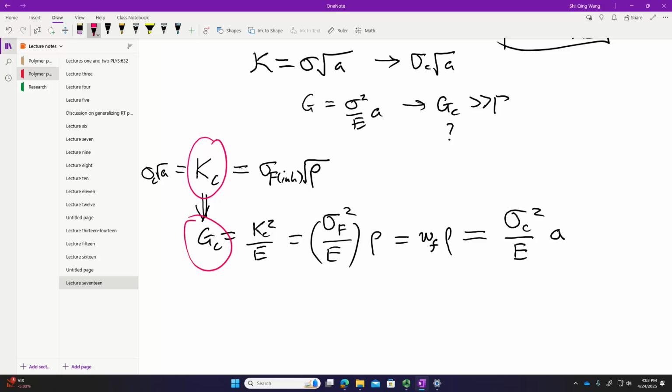Which two pairs? Your experimentally accessible stress and crack size, and your materialistic quantities of stress and length scale. Arranged in different ways, right? One has square, the other doesn't. Who cares? In fact, they are quadratically related, aside from Young's modulus.